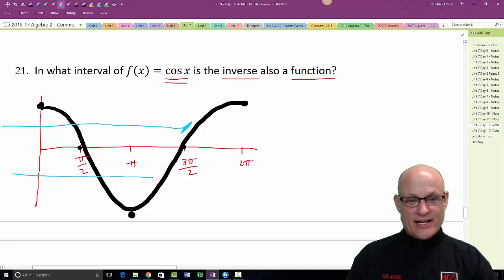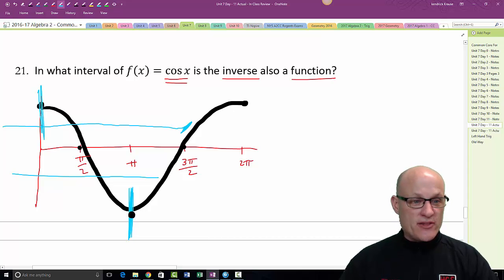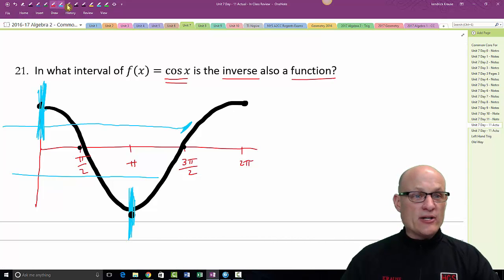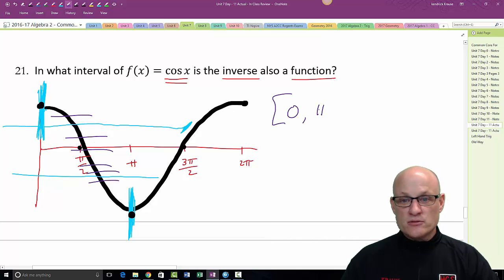Same thing here. Oh, stop! So what I want to do is stop it here, right? Because if I just look at this piece from here to here, then no matter where I draw in a line, I only hit it once. So from 0 to pi.